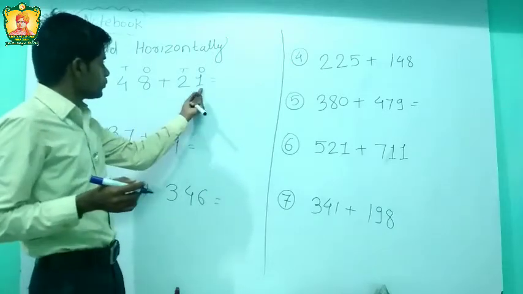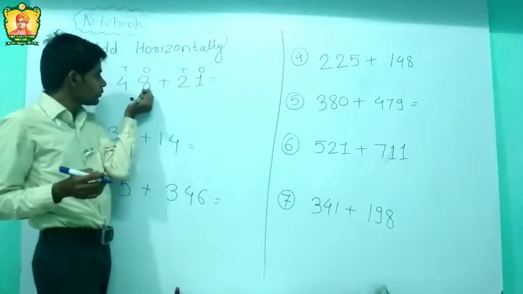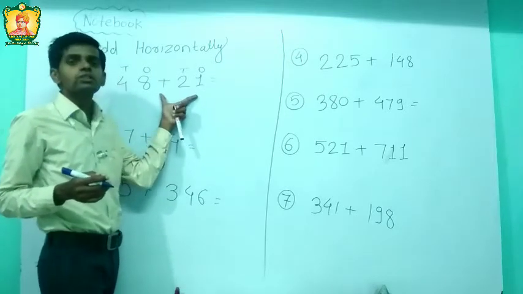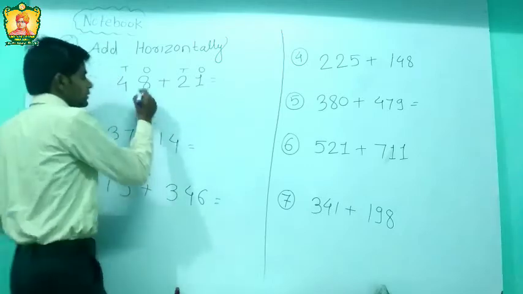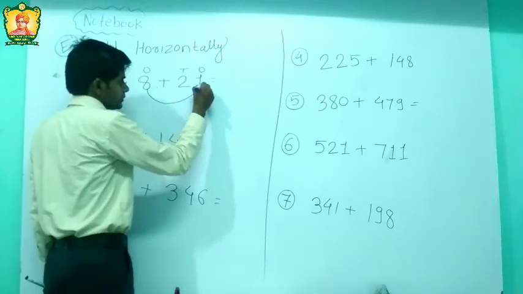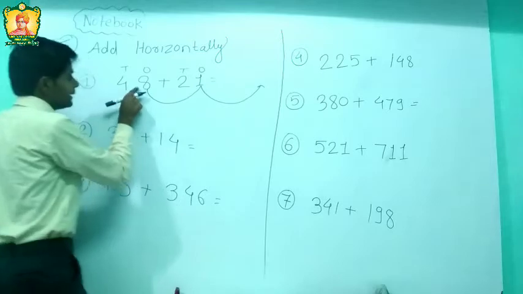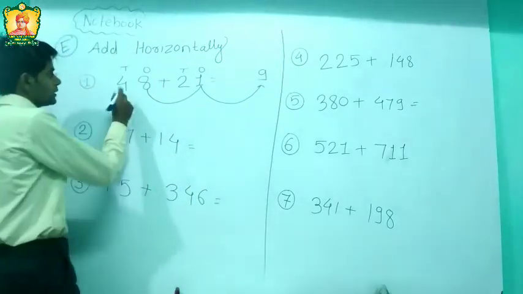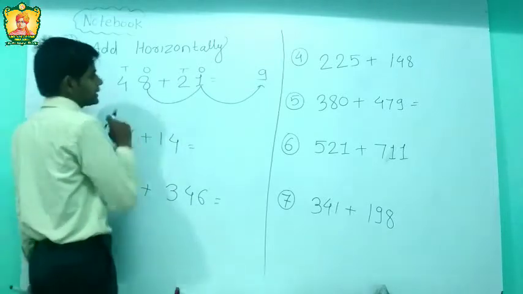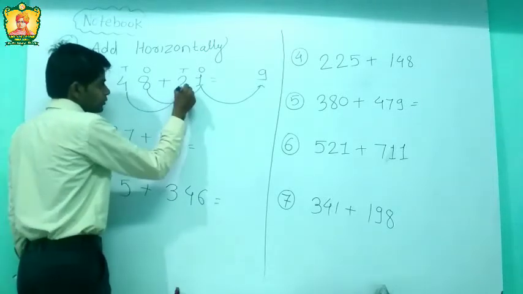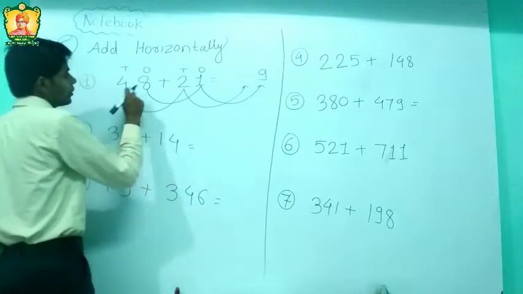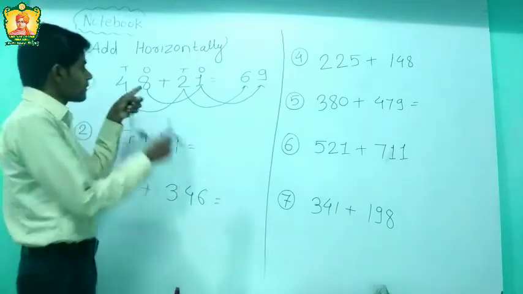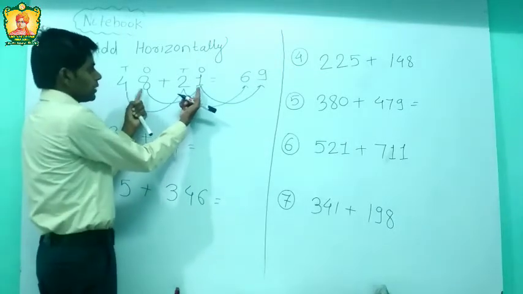We will add the digits present at the 1's place, both the digits at the 1's place. 8 plus 1 gives us 9, okay, then this 4 is at the 10's place and 2 is at the 10's place, so 4 plus 2 gives us 6, so the answer is 69.